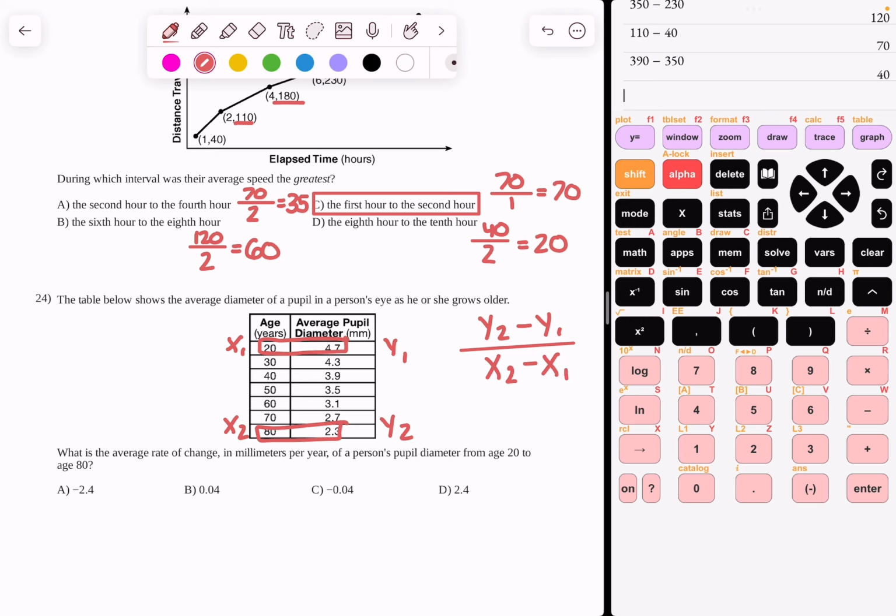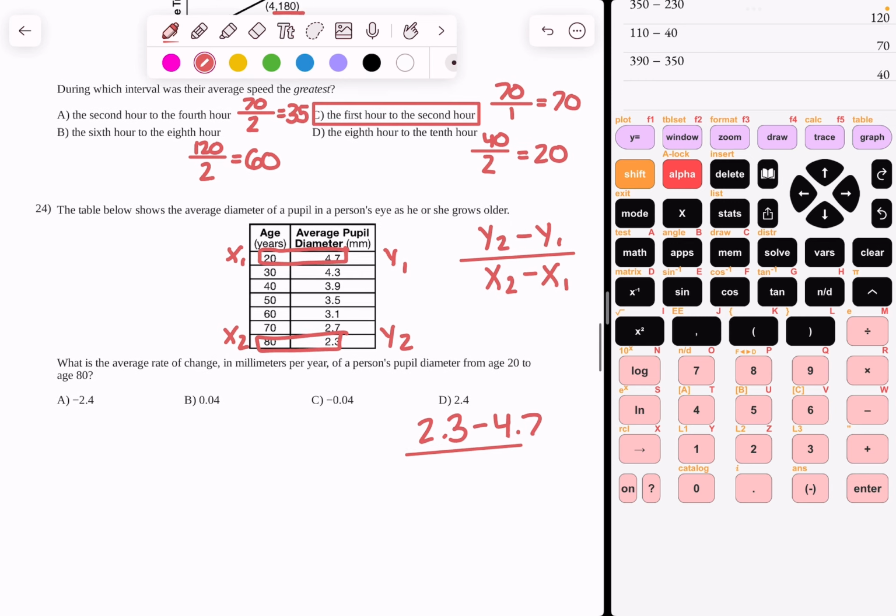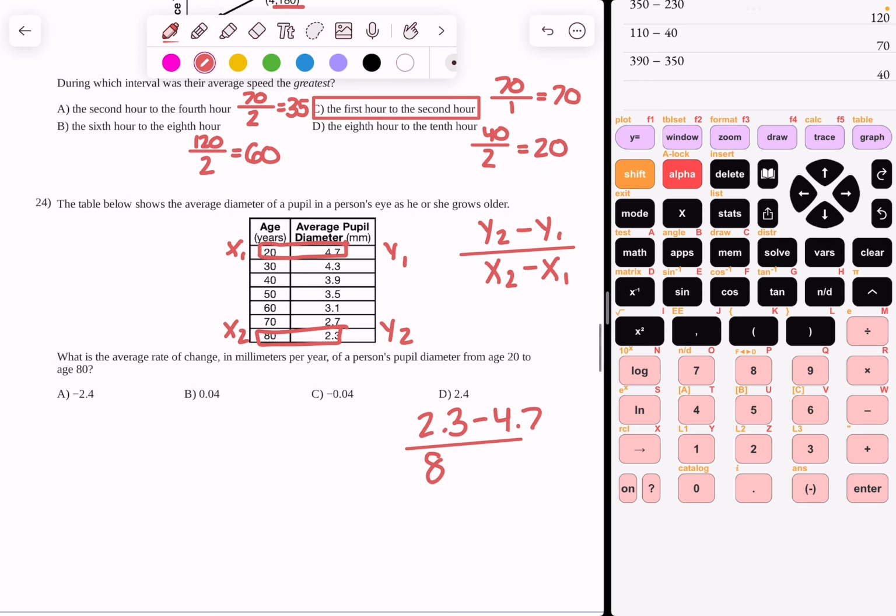So y2 is 2.3 minus y1 is 4.7, then x2 is 80 minus x1 is 20. Let's type this in the calculator. 2.3 minus 4.7 over 80 minus 20 leaves me with the answer of negative 0.04. Good.